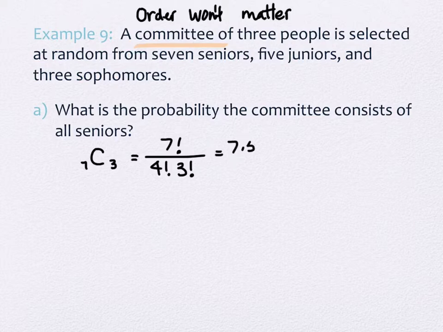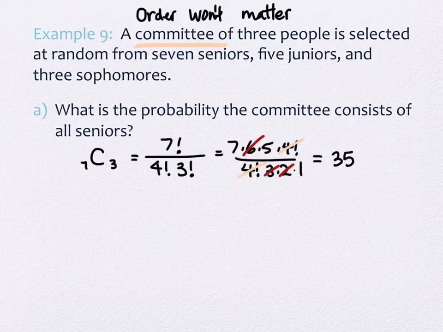And if I multiply these out, 7, 6, 5, and then 4 factorial, which will cancel with my 4, and then 3, 2, and 1. The 4 factorials cancel, and 3 times 2 is 6 from the numerator. So what do I end up with? 35. There are 35 different committees that would be all seniors.